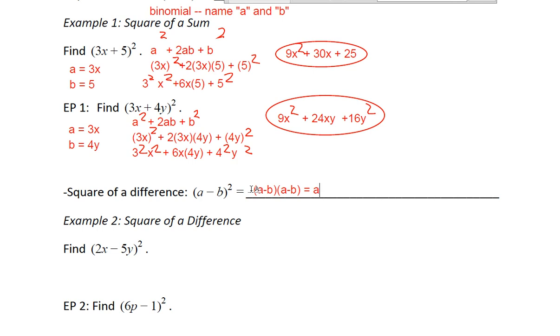So it's going to be A squared, and I'll write the squared in here in a minute, minus that 2AB plus B squared. Because we have that minus, the term in the middle becomes a minus sign instead of a plus. So we get A squared minus 2AB plus B squared.